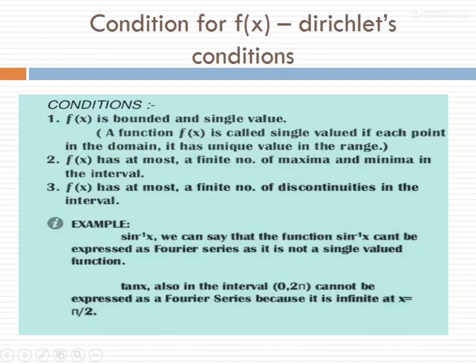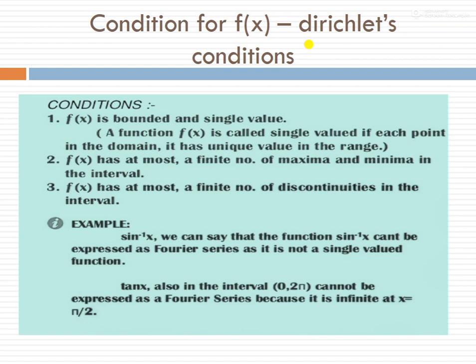Conditions for f of x. The function f of x has only a finite number of finite discontinuities and only a finite number of extreme values. Such functions are called piecewise regular functions, and these conditions are called Dirichlet's conditions.